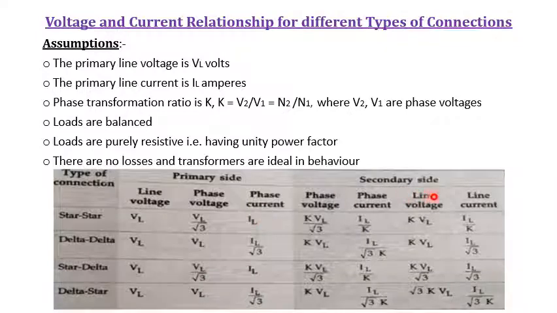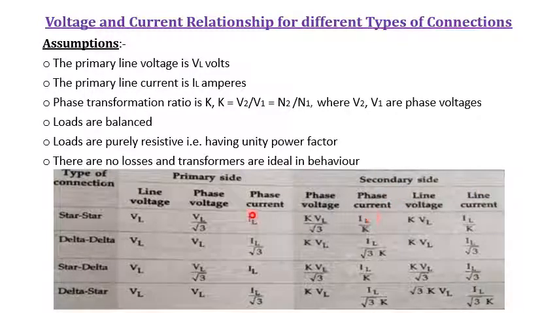On the secondary side the phase voltage will be K VL divided by root 3, phase current will be IL divided by K, line voltage is K times VL, and line current will be IL divided by K.